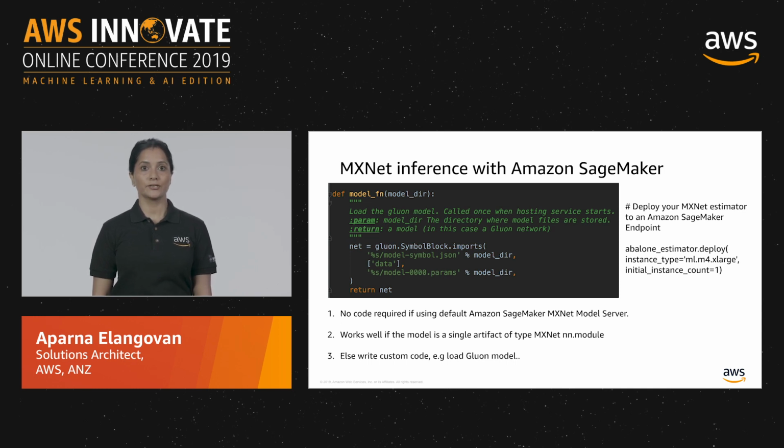In that case, you would have to write custom code to load the model. This example here shows you how to load a Gluon model, and as always, the function signature needs to match so that your custom code is executed when SageMaker calls the function model_fn.